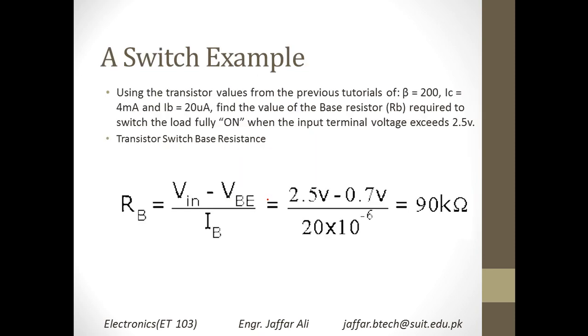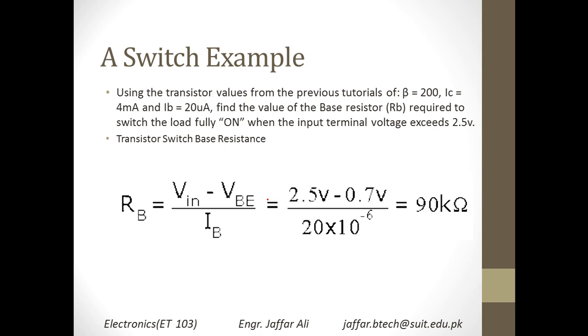Now coming towards the practical example of how you can use the transistor as a switch. Using the transistor values from the previous tutorials, we discussed different numericals in the previous class as well, but now we will look at them from the perspective of a switch.